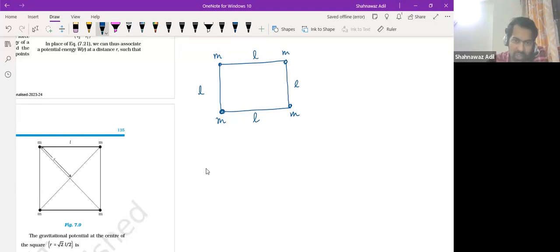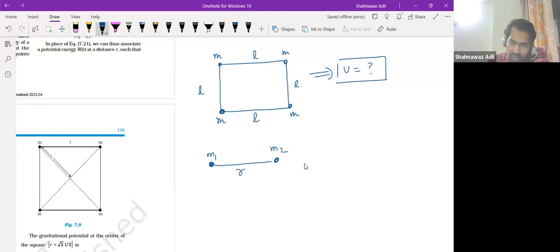To have a potential energy, what do we require? We require two masses which are interacting, right? So to calculate potential energy, whatever two masses are interacting, this we have to figure out.